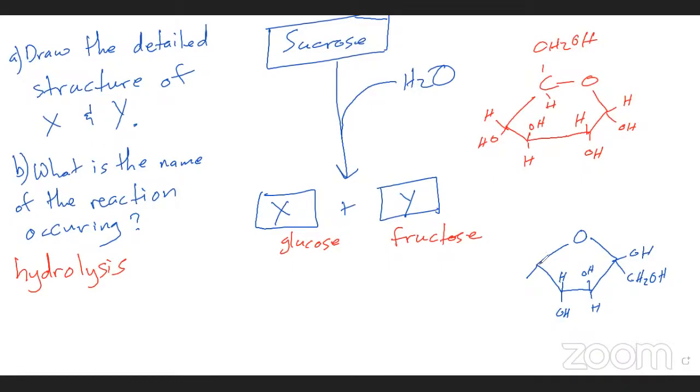This is carbon 5, which does not have an OH group. Here we have CH2OH. So fructose is shaped like a pentagon, a five-sided ring, and we have two CH2OH groups, one at this side and one at this end.